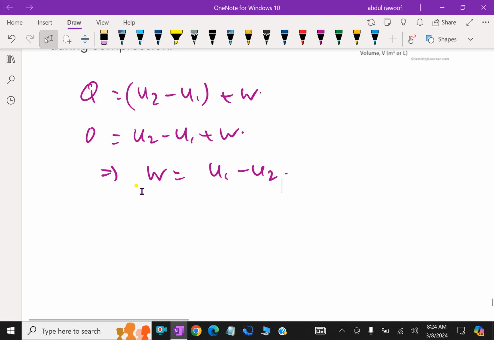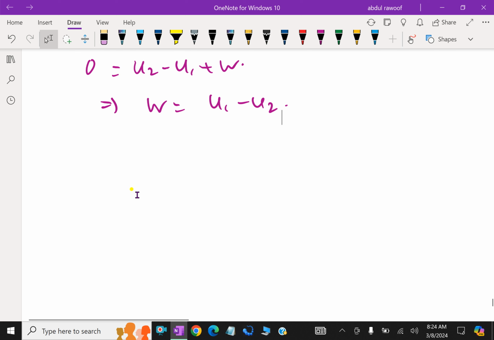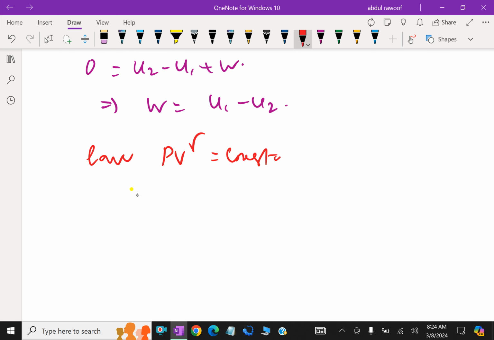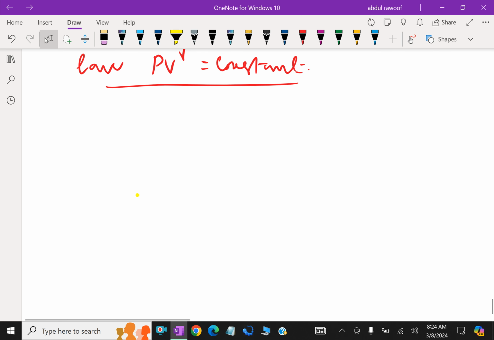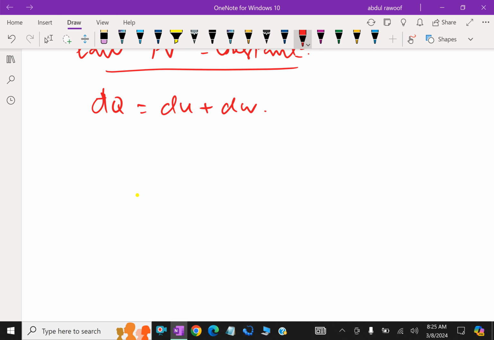Now we derive the law. Let us derive the law PV to the power gamma equals constant. Now dq equals change in internal energy du plus dw.